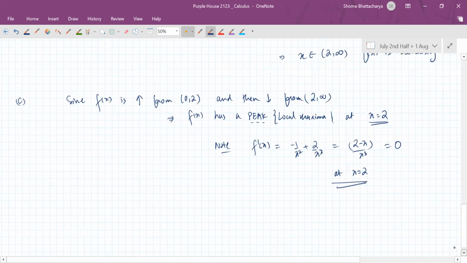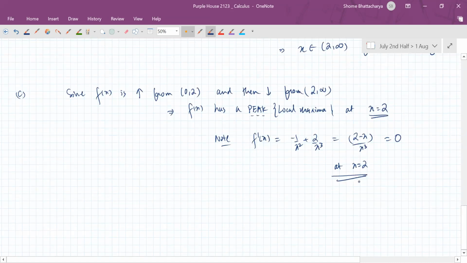So now we're getting all this information. Okay, that at x equal to 2, there is a local maxima point, or what in simple language you can call a peak point in the graph. So there's a local maxima at x equal to 2, whereas the function is increasing before 2 and decreasing after 2.